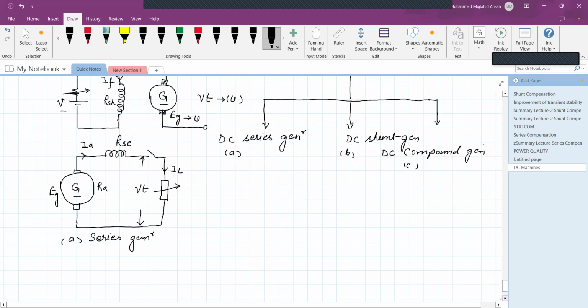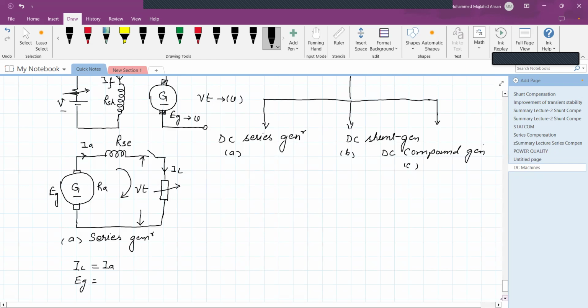So here we can say that the load current and armature current are the same because they are in series. Whereas the EMF generated EG is equal to the voltage drop across the armature circuit plus the voltage drop across the load terminal. So we are just applying KVL and KCL.